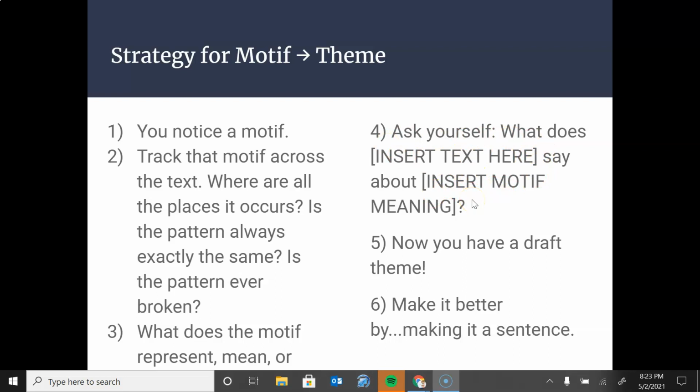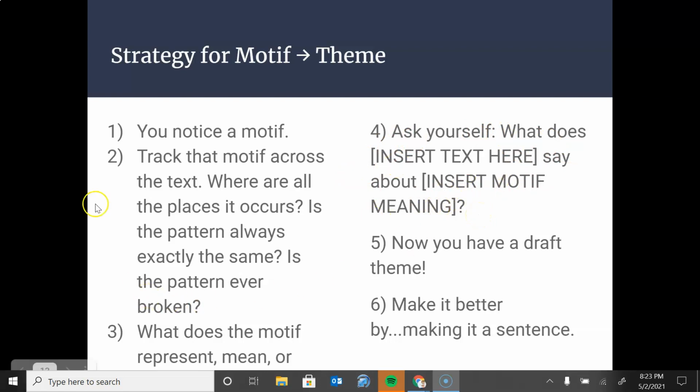For example, what does Animal Farm say about being selfish and not caring for my fellow countrymen through the use of Molly getting sugar cubes and ribbons in her hair? And that is how you insert a motif's meaning.